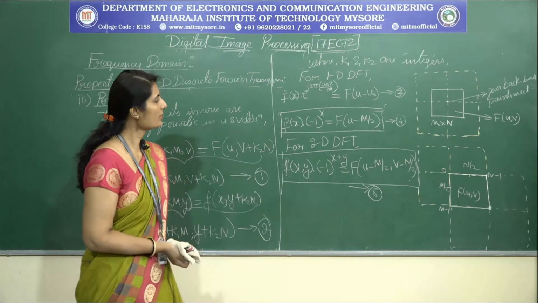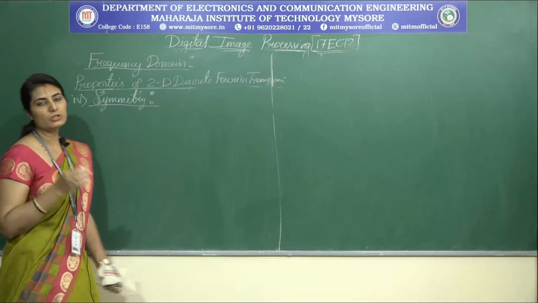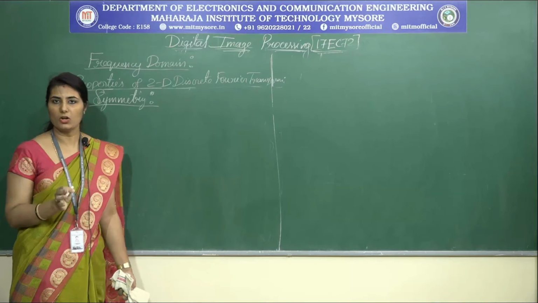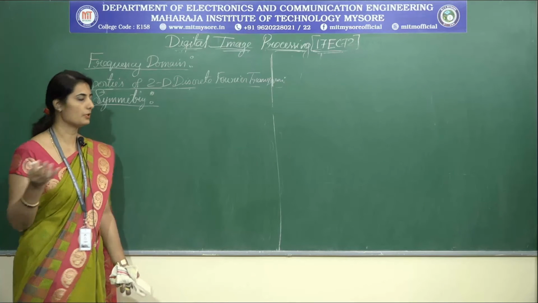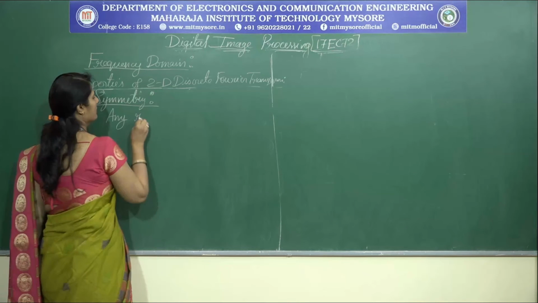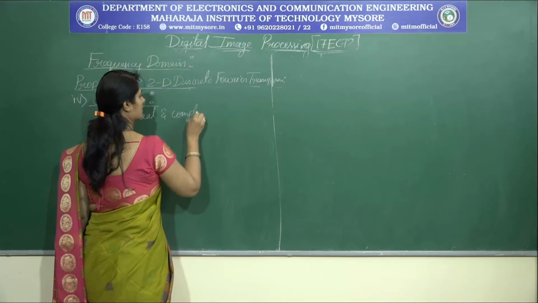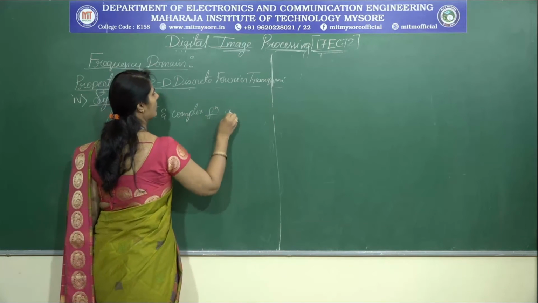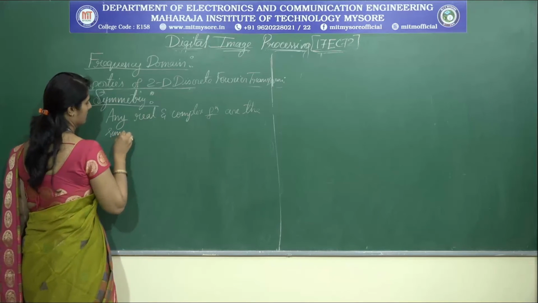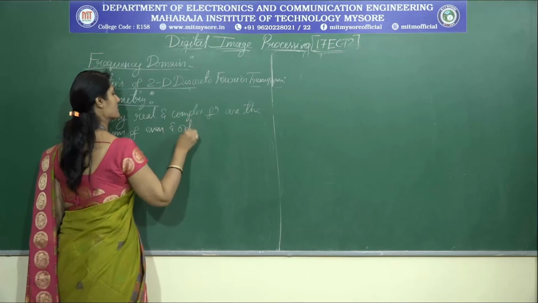Okay, so the next property is symmetry. We know that any real or complex function is the sum of even and odd parts.